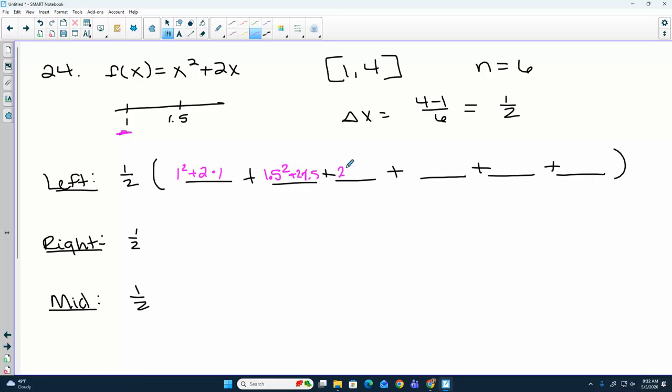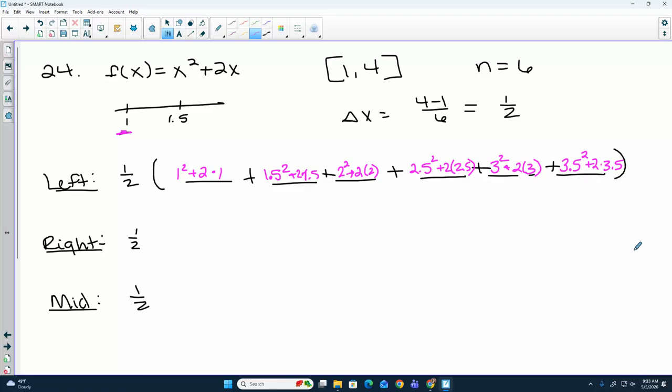Go up a half. So that's 2 squared plus 2 times 2. Next would be 2.5 squared plus 2 times 2.5. 3 squared plus 2 times 3. Right, and then 3.5 squared plus 2 times 3.5.